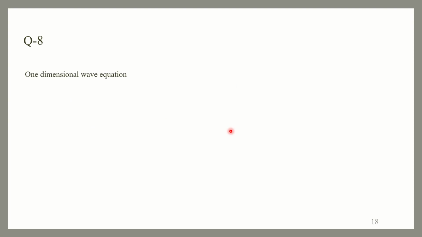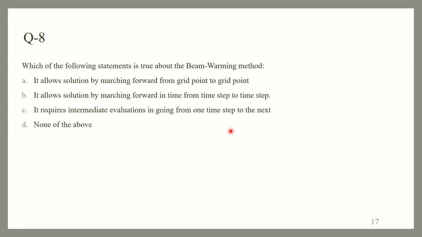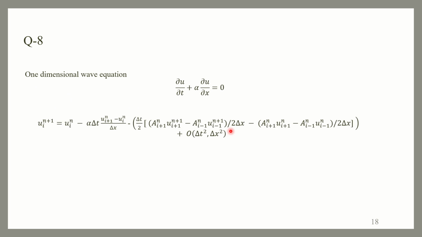Take the one dimensional wave equation: dou u by dou t plus alpha dou u by dou x is equal to 0. For the Beam Warming scheme, we can write it after discretization as u i n plus 1 minus u i n by delta t equal to minus alpha times u i n minus u i minus 1 n by delta x.